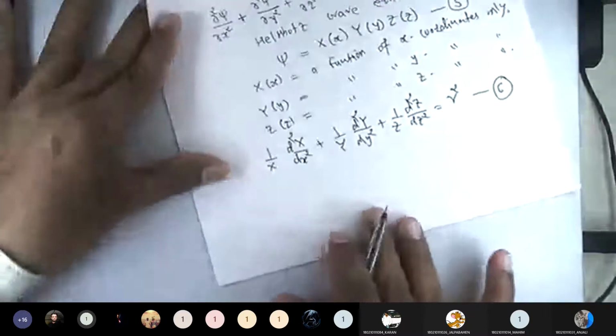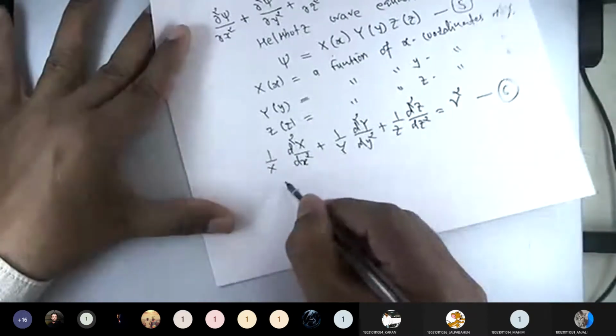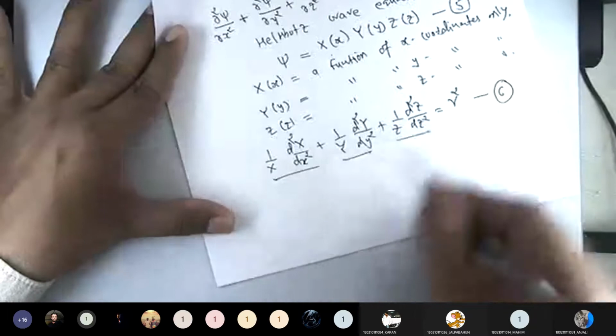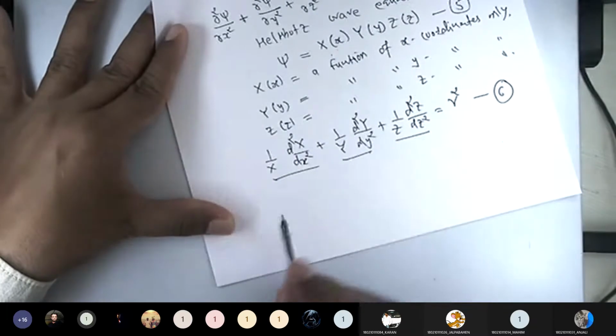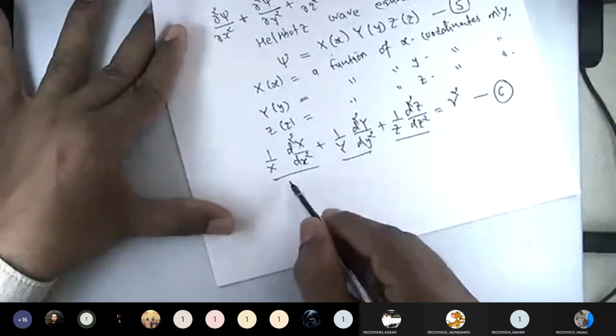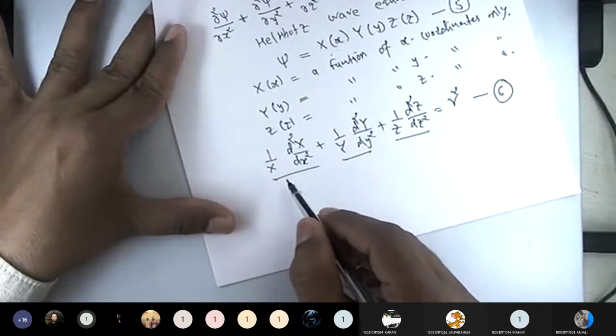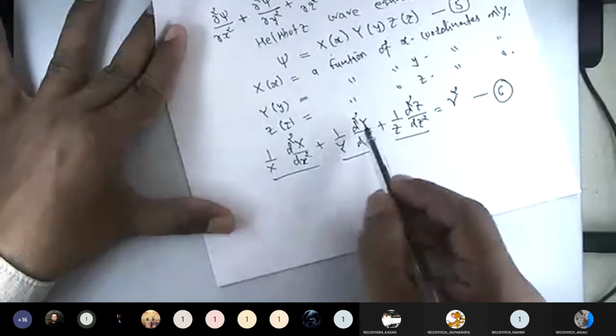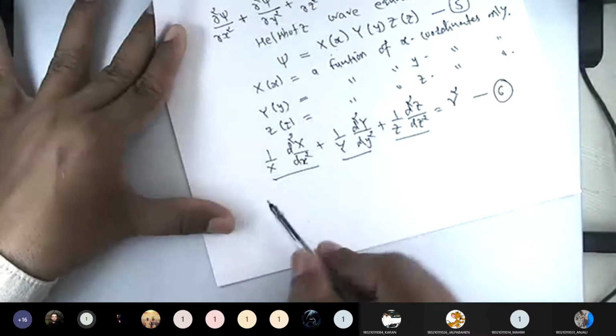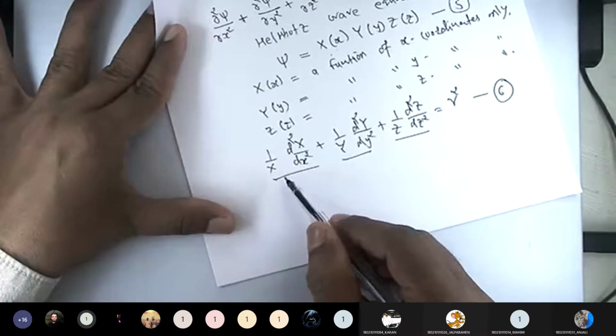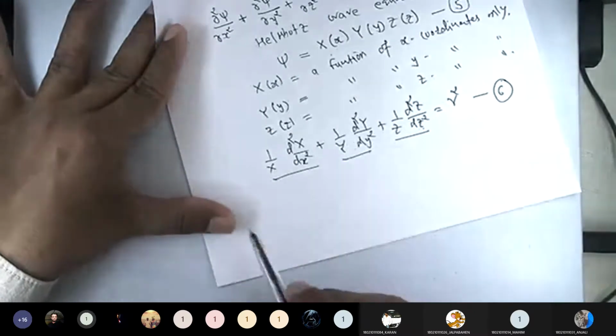So ultimately, we have now obtained three independent expressions which express the behavior of the variables x, y, and z in terms of the x, y, and z coordinates.